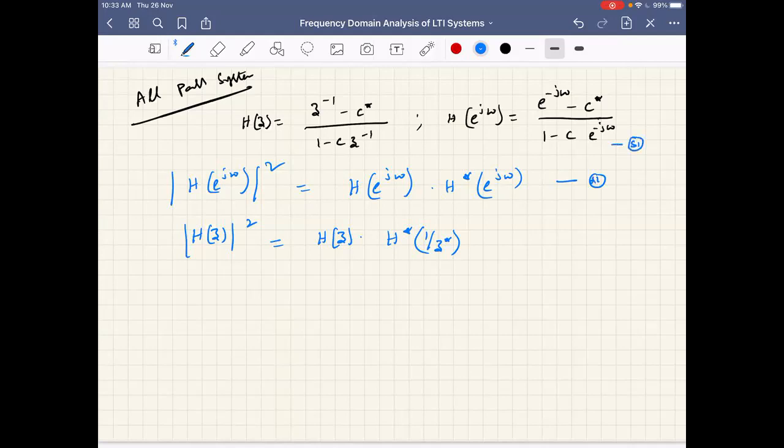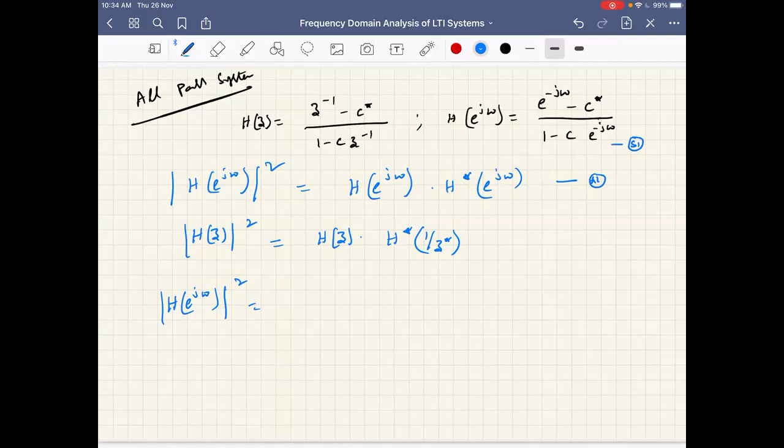Let us see what the magnitude response of the given system is. Now H of e power j omega. Please note that H of z and H of e power j omega are of the same system, except that one is represented in the frequency domain, e power j omega, that is the discrete time Fourier transform, and the other is represented in the z transform, for the same system.